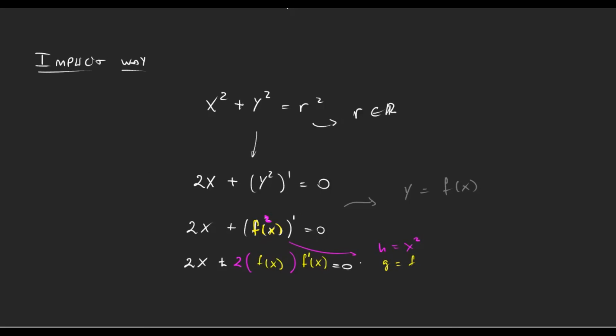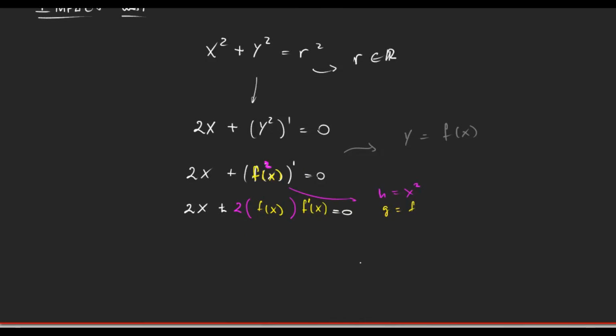And this has to be 0. So then we just said that y was equal to f of x. So we have 2x plus 2 times f, that's y, times f prime, that is y prime, equal to 0.